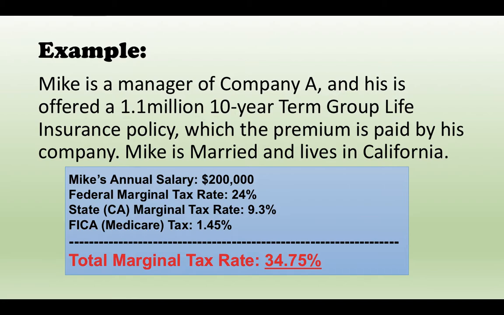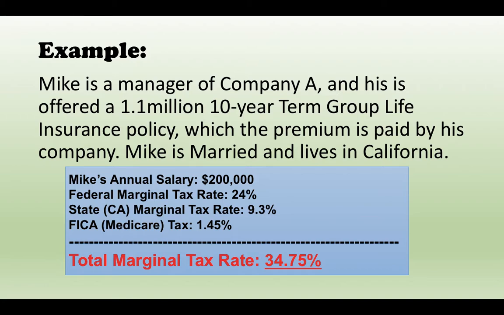9.3%. FICA tax, which is for Social Security and Medicare: because his salary is high enough, he no longer needs to pay the Social Security tax on the marginal amount.